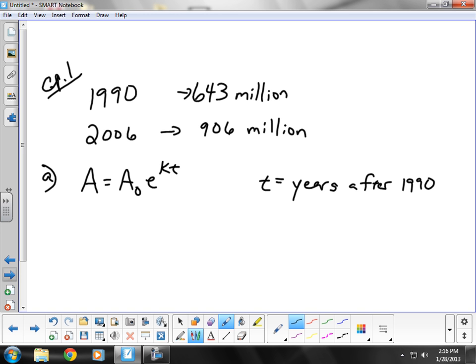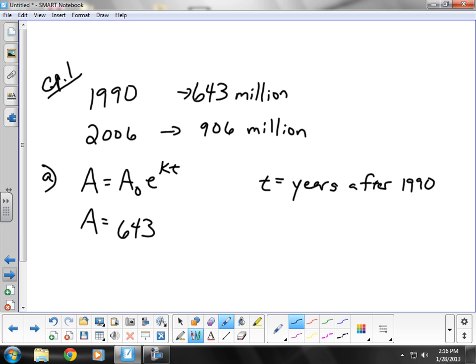So, if t stands for the number of years after 1990, then what's my A sub 0 here? Remember, what is A sub 0? The initial amount. So if 1990 is my beginning point, 643 million is my beginning population.